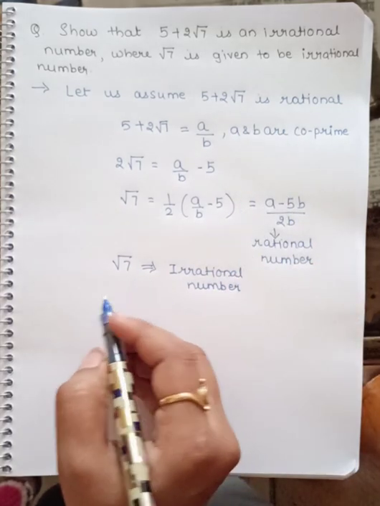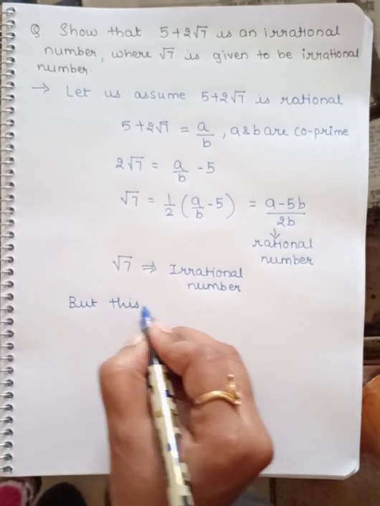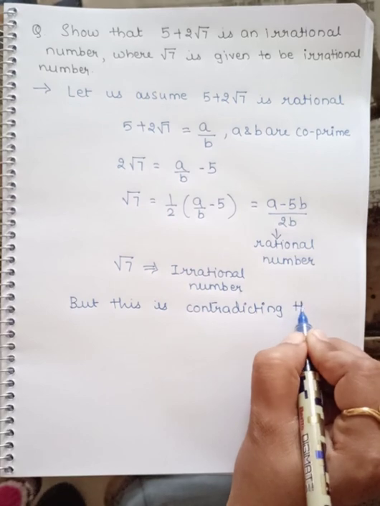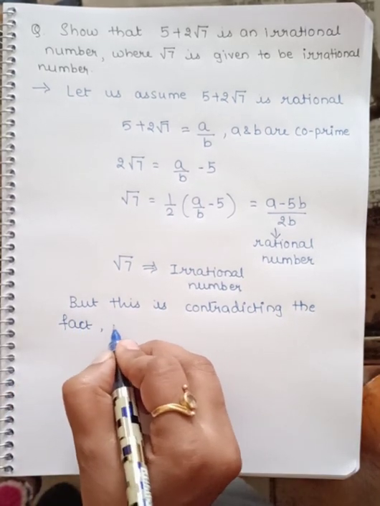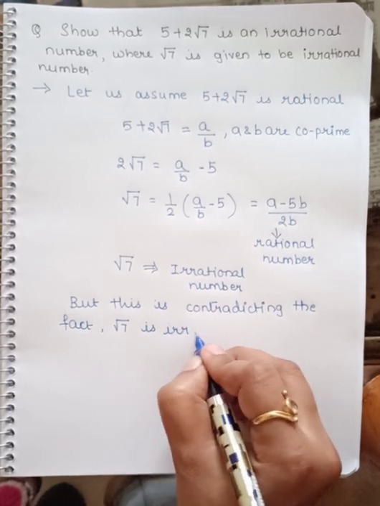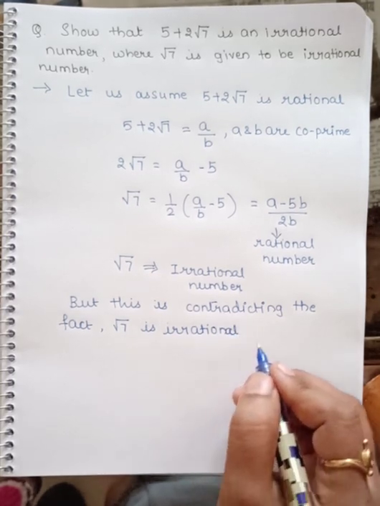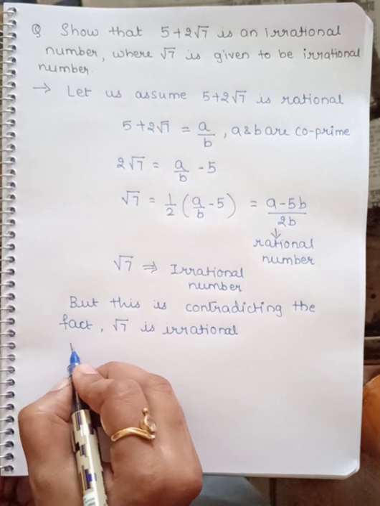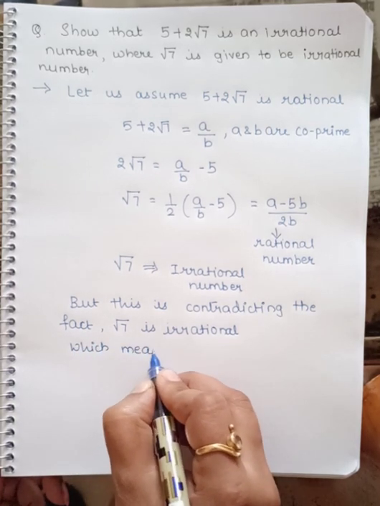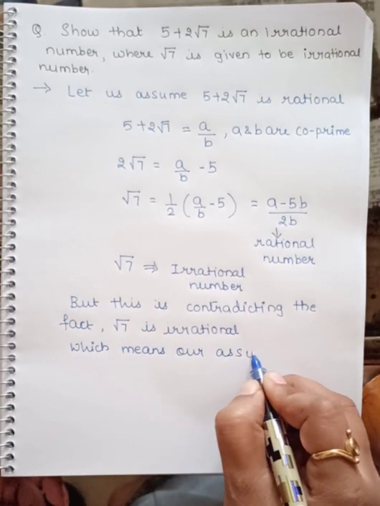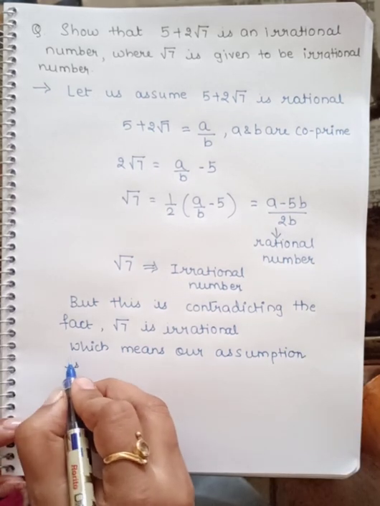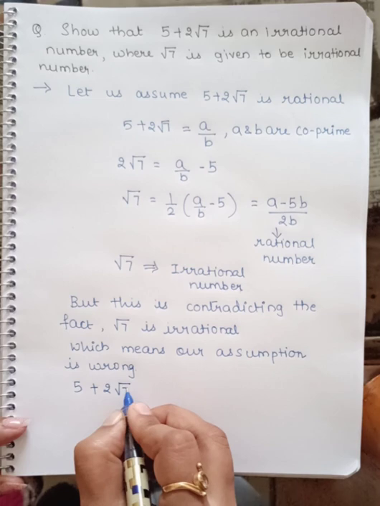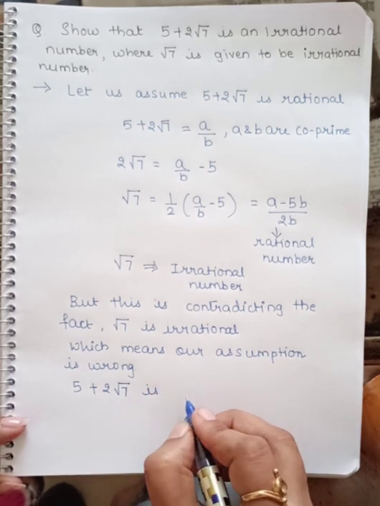So that way you will be writing that this is contradicting the fact that root 7 is irrational, and this contradiction has arisen because our assumption is wrong, and therefore 5 plus 2 under root 7 is irrational.